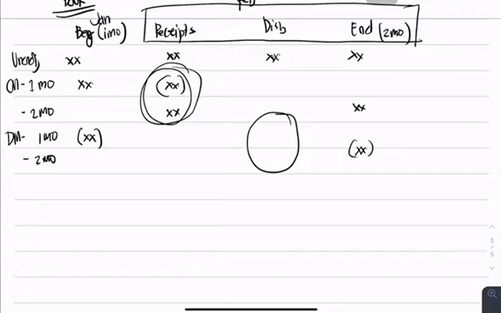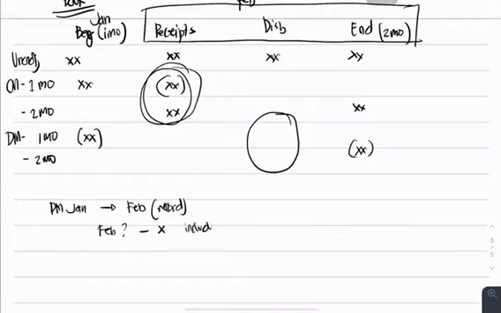I-analyze natin kung anong effect ng debit memo. So, debit memo first month. Anong meron dito sa debit memo first month? Saka lang natin malalaman na may debit memo nung January sa February. So, kailan mo lang ni-record yan? Nung February. It was only recorded during February. Question, is it for February? No. Therefore, since naka-record yan, ibig sabihin nakadagdag siya sa disbursement mo, it was included as a disbursement during February, but it pertains on the month of January.